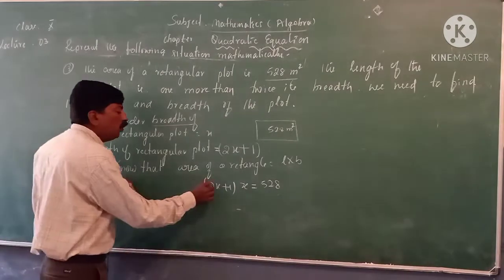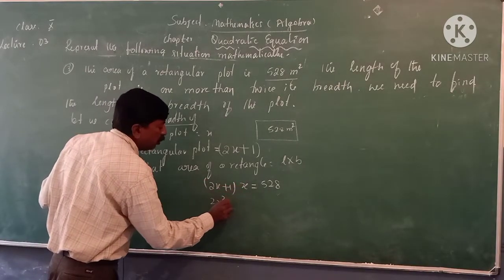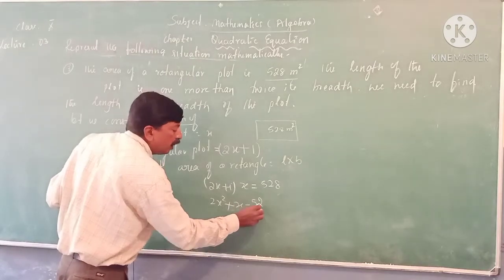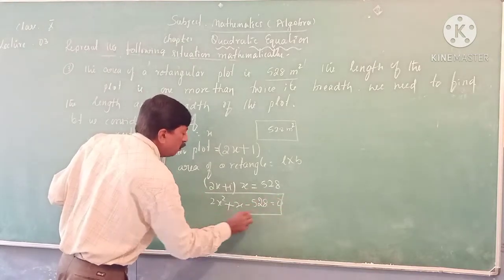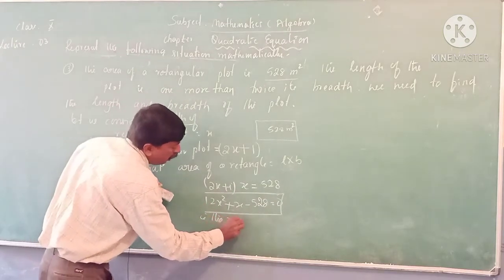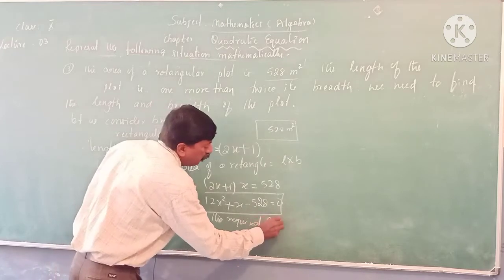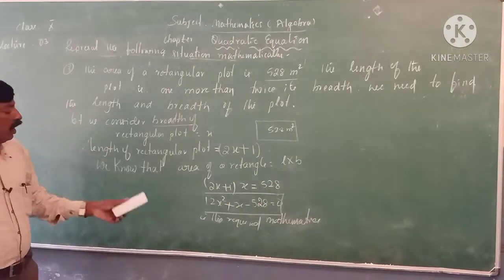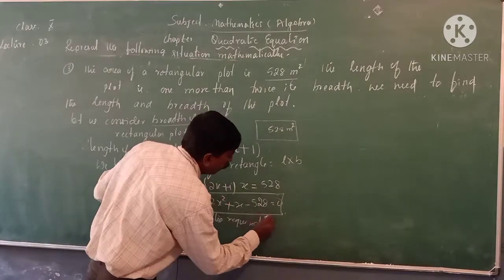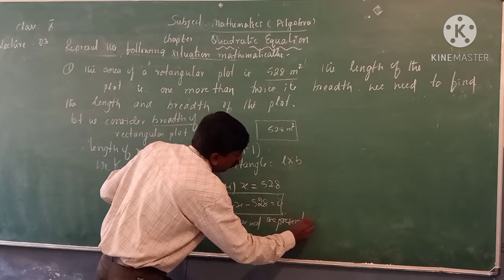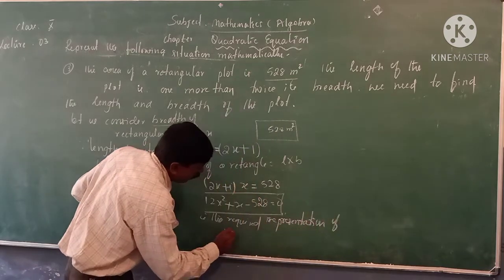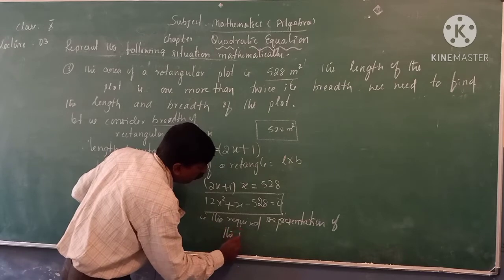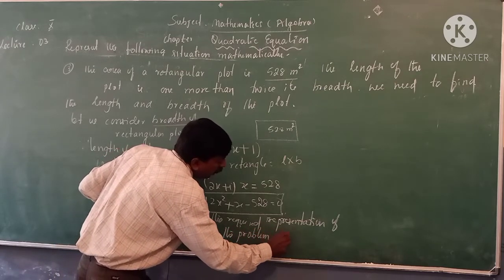Now remove this bracket: 2x into x is 2x square, plus x into 1 is x, minus 528 equals 0. This is the required representation of the problem mathematically.